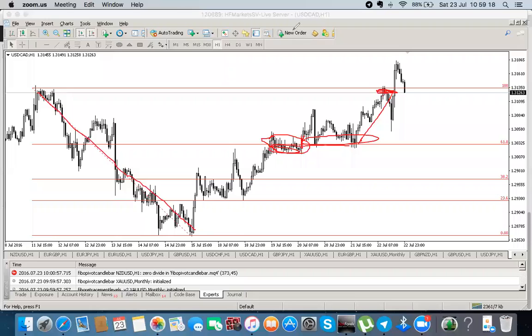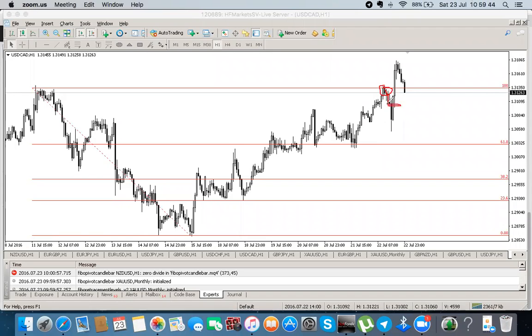All right, so if you look at yesterday's market, guys, we were waiting for some news. The market trended upward before the news on USD CAD, right? And 3 to 4 hours before the news, the market reacted and started selling from here.